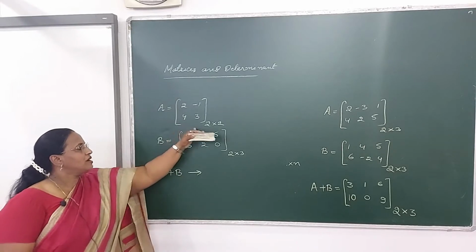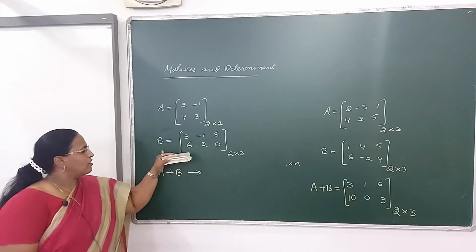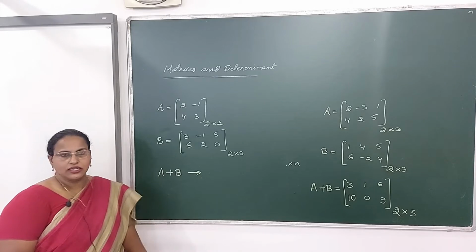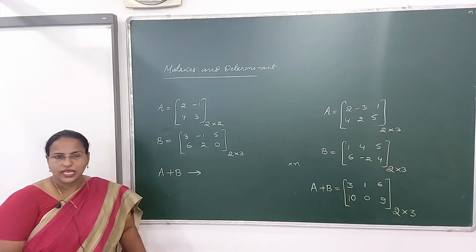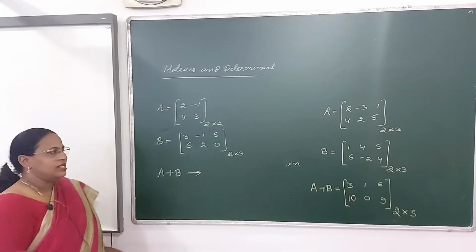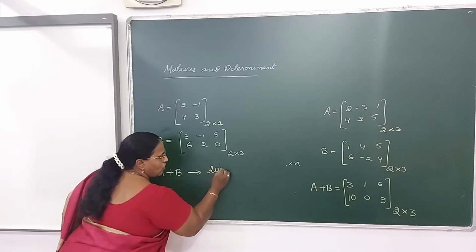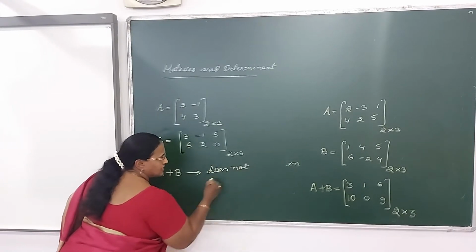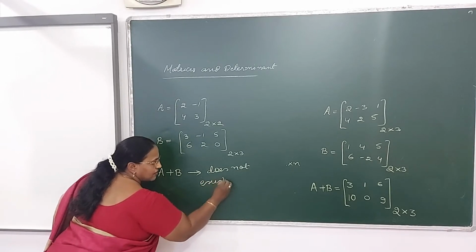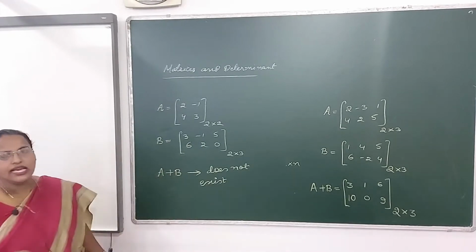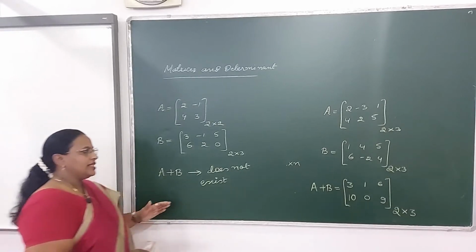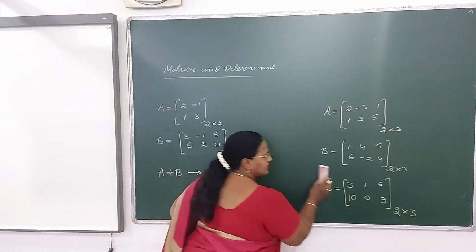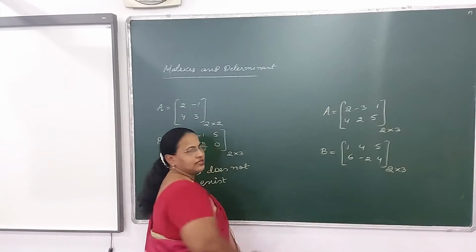The order of the first matrix is 2 by 2. The order of the second matrix is 2 by 3. The two matrices are not comparable. Their orders are not the same. So A plus B does not exist.